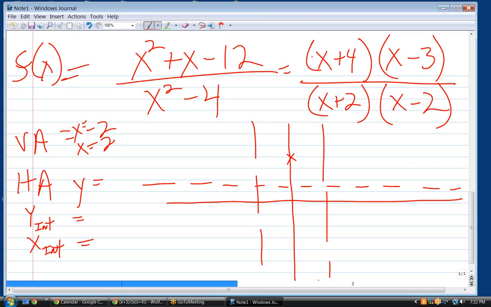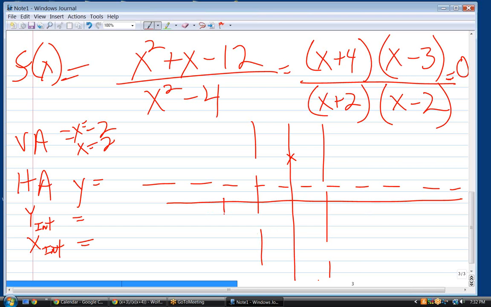In other words, if I set this whole thing equal to 0, which is what you want to do to figure out your x-intercepts, because that's where y is equal to 0, and I go to solve this, well, it can only be equal to 0 if the numerator is equal to 0. And the numerator is equal to 0 when x is minus 4 or plus 3.